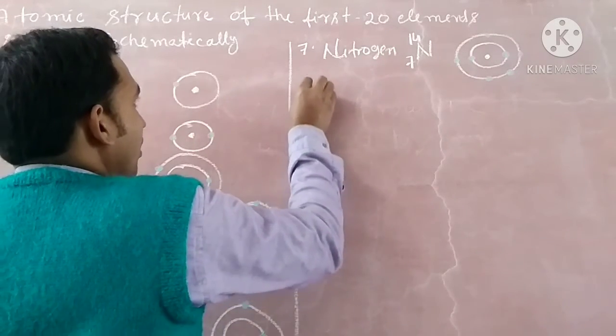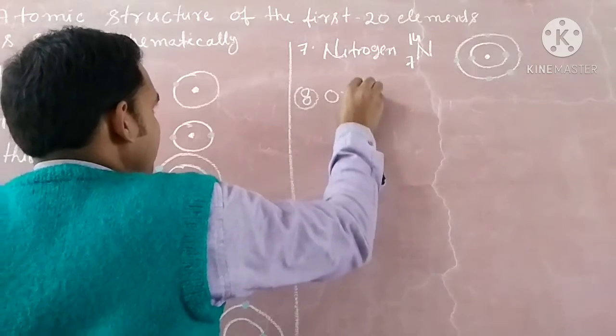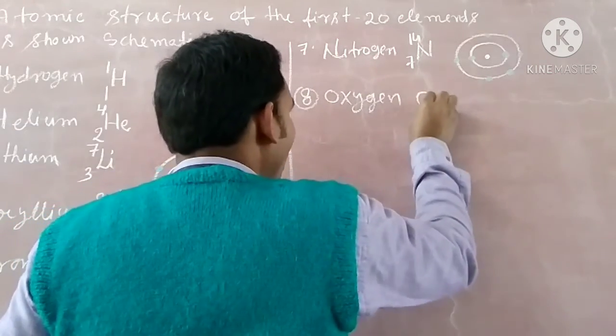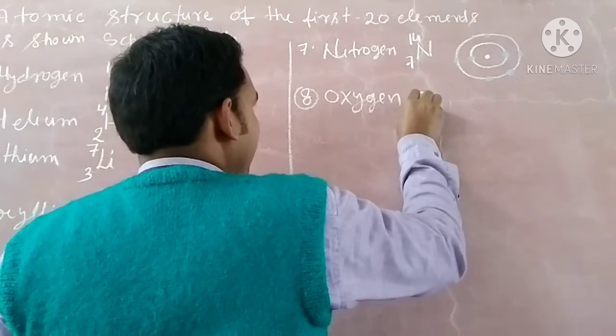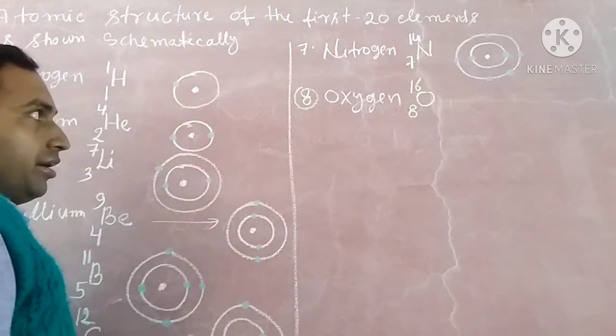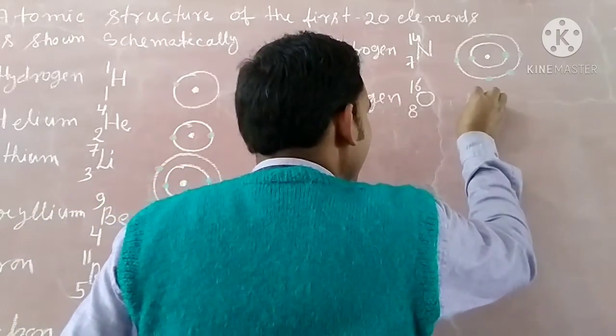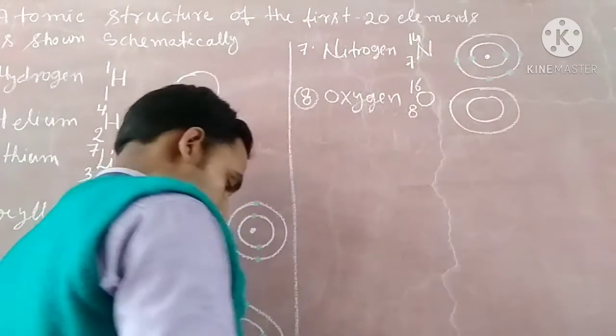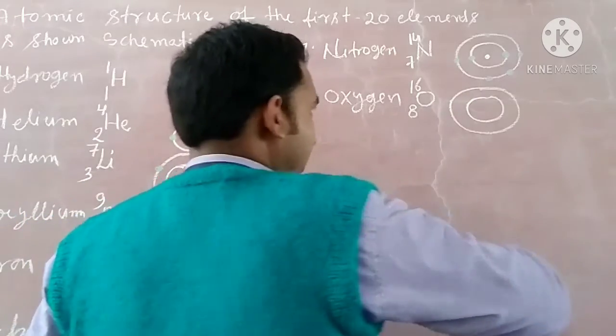8, oxygen. Okay. The symbol is O. Atomic number 8. Mass number 60. And their schematic diagram is first cell 2 electrons, second cell, how many electrons? There are 6 electrons.